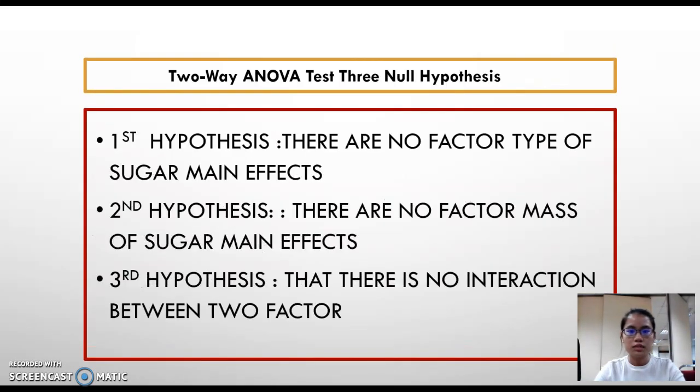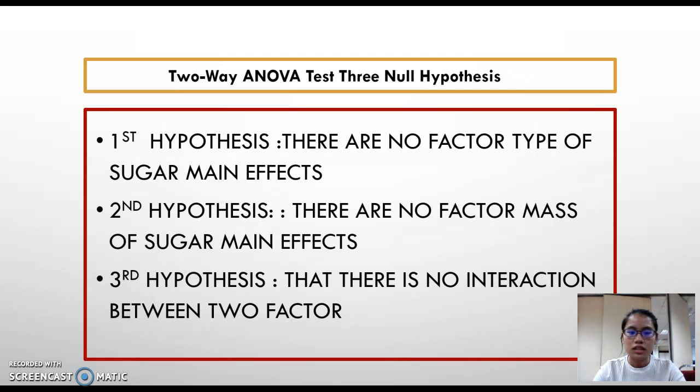So now I'm going to explain about the ANOVA test. In this two-way factor design, we have three null hypotheses to test for the ANOVA table. The first hypothesis is that there is no factor type of sugar mean effect. The second is that there is no factor mass of sugar mean effect.